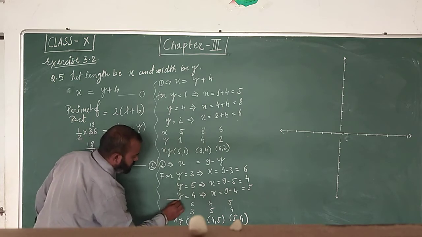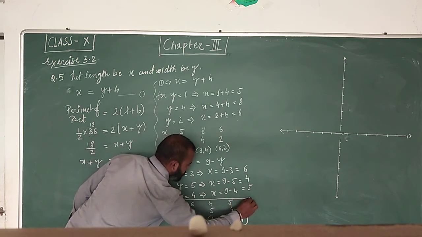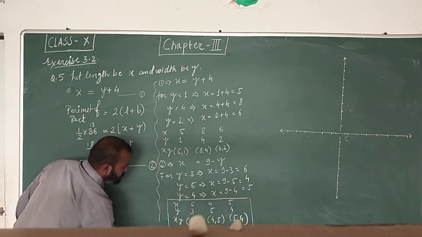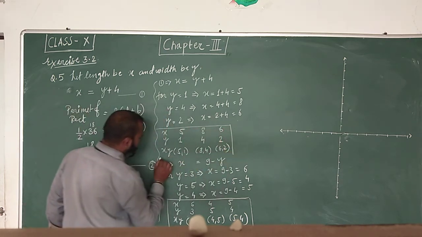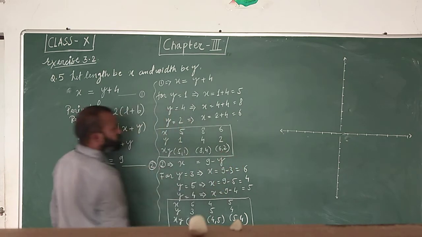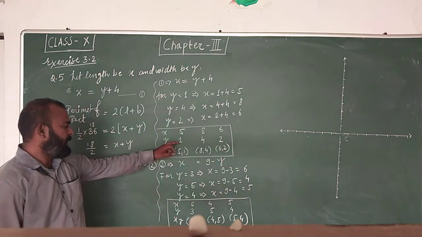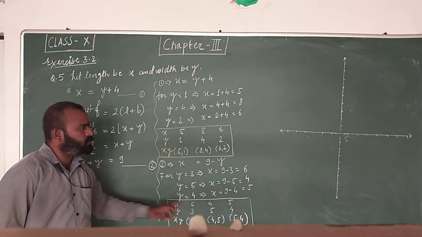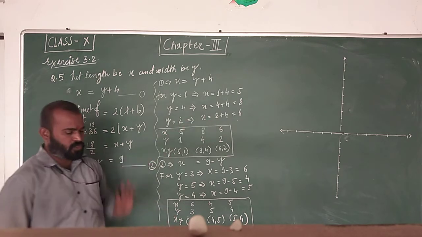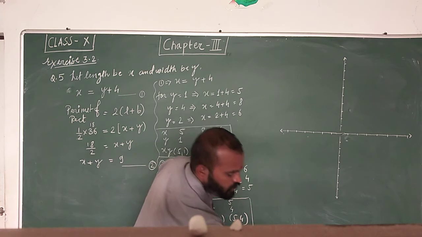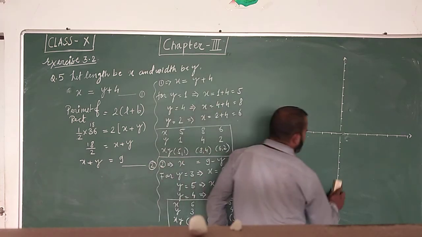So this is another table for us. So now we can easily draw a line from these two tables, and we see where they will intersect. As all are positive numbers, so I will take only the first quadrant. Here I have drawn two quadrants, but there is use of only one quadrant.